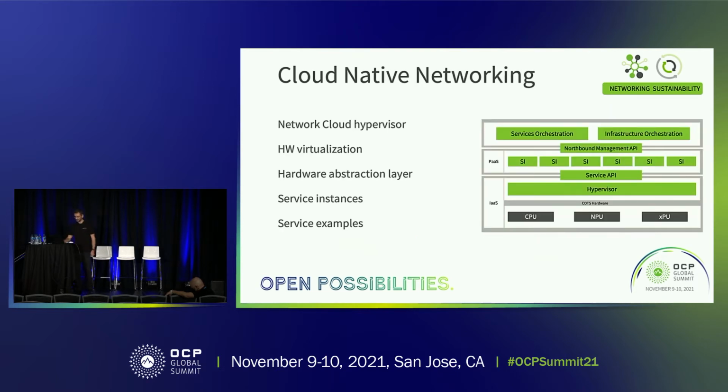Some examples from what IT Renew, mainly IT Renew, are doing. This is the architecture of the network cloud. Essentially, there is a layer of hardware, a CPU. Like I said, in every box there is a CPU, an NPU. That's typically the Broadcom ASIC, but as I said, can also be a different type of ASIC.